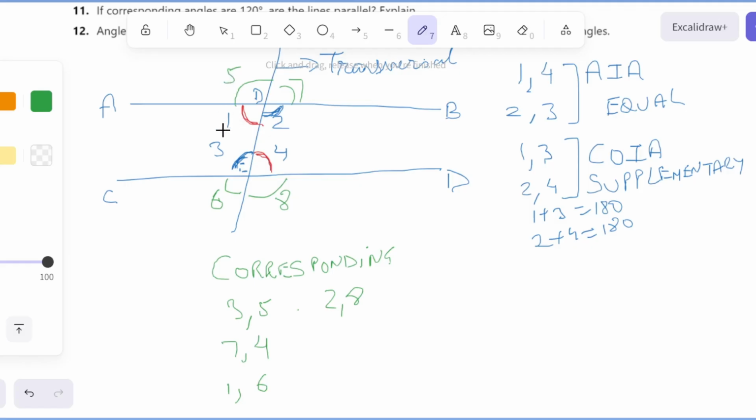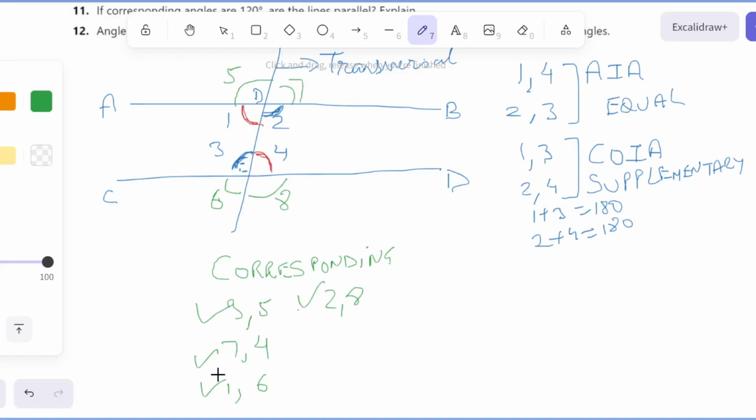But they cannot be corresponding because they are forming a linear pair. I told they shouldn't be a linear pair. So that's the reason we took 5 and 3, not 5 and 1. We took 1 and 6, not 3 and 6, right? Because we took 7 and 4, not 7 and 2, right? We took 2 and 8, not 4 and 8.